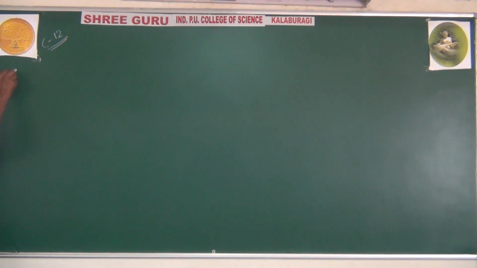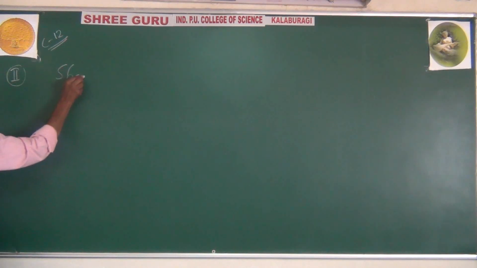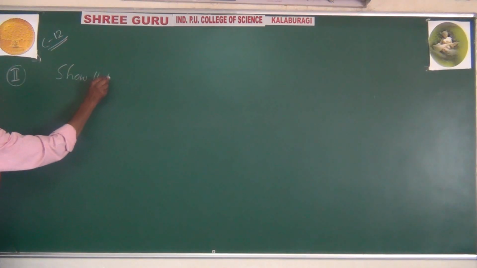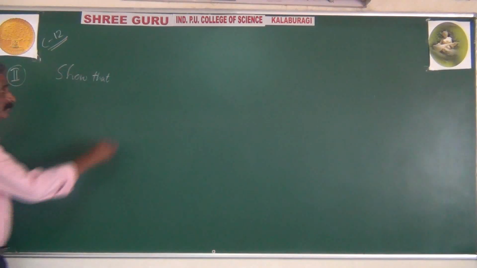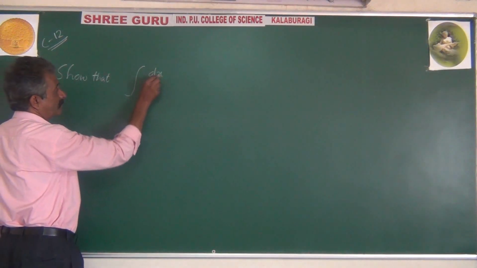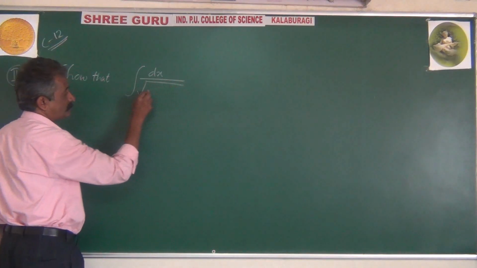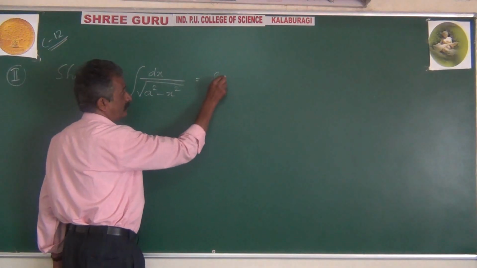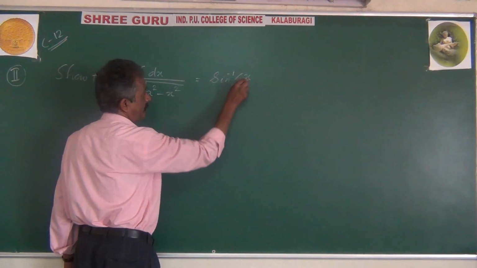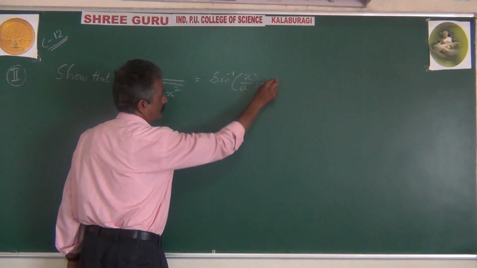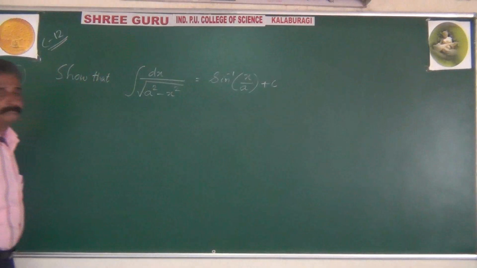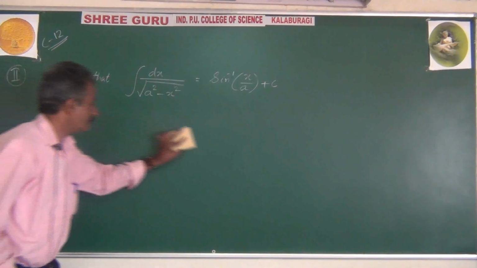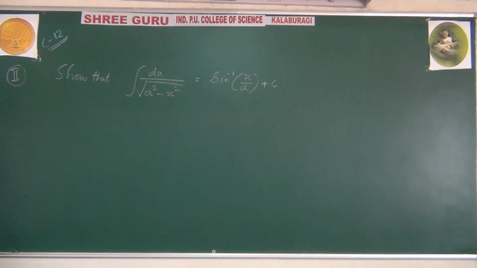So the second theorem or second standard integral: show that, or it may be given as prove that, integration dx divided by square root of a square minus x square equals sine inverse of x divided by a plus c. So let's have this theorem proved.